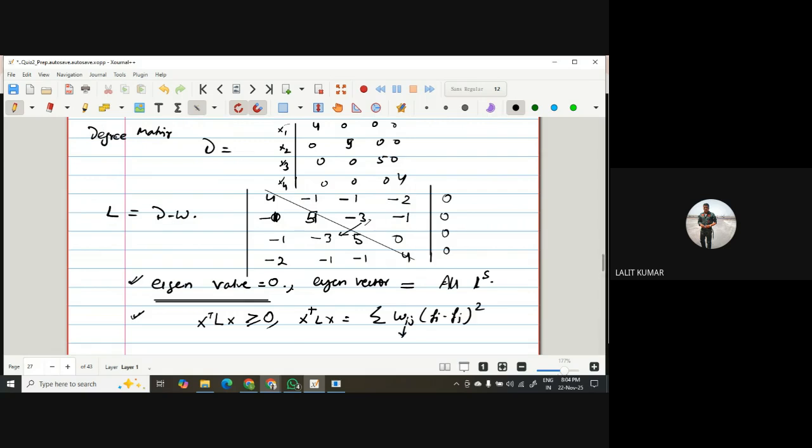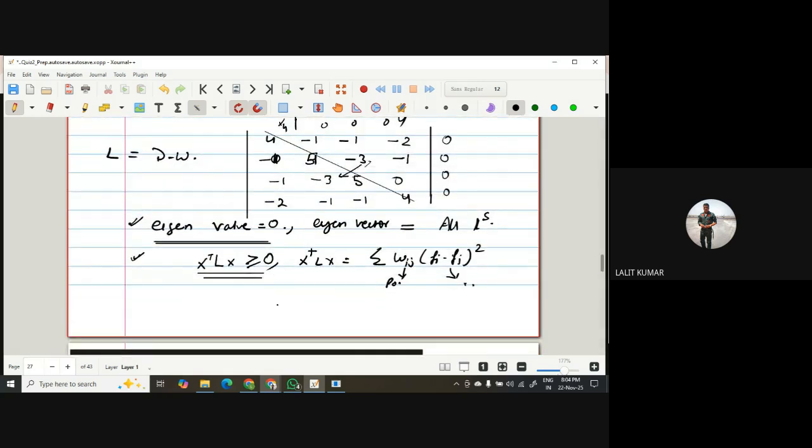All the weights are positive. This is a square, so this is a positive quantity. So this is always greater than or equal to 0. Therefore, it is a positive semi-definite matrix. It is not a positive definite matrix because one eigenvalue is equal to 0.